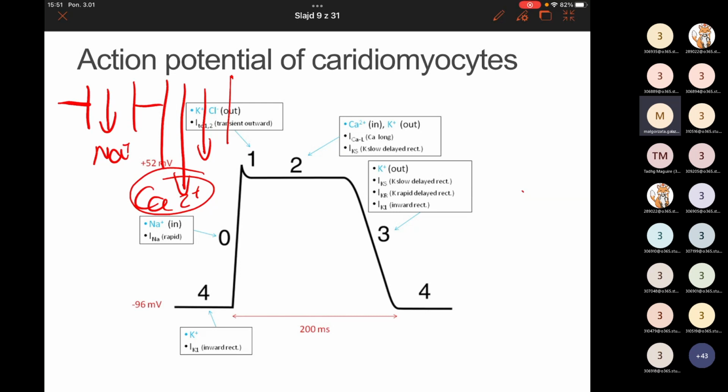Due to the great influx of sodium into the cell, the membrane potential increases rapidly, and once it reaches around plus 50 millivolts, the fast sodium channels close, and in the next steps we observe repolarization of the cell membrane.